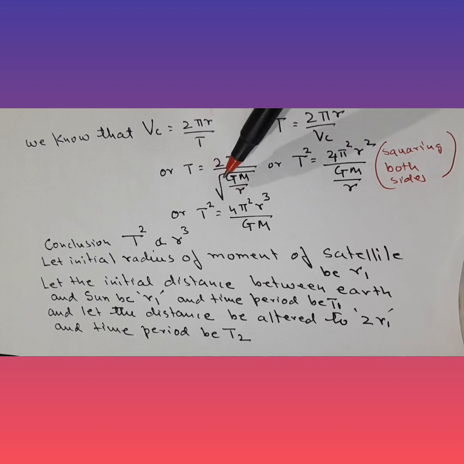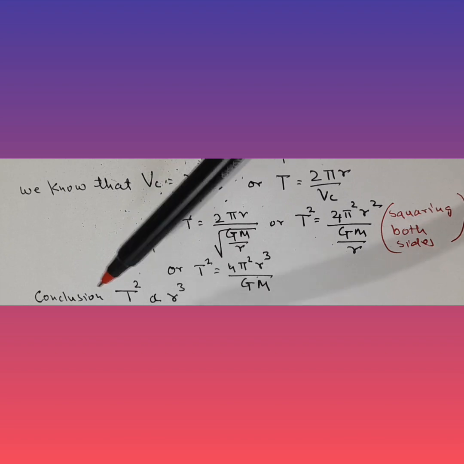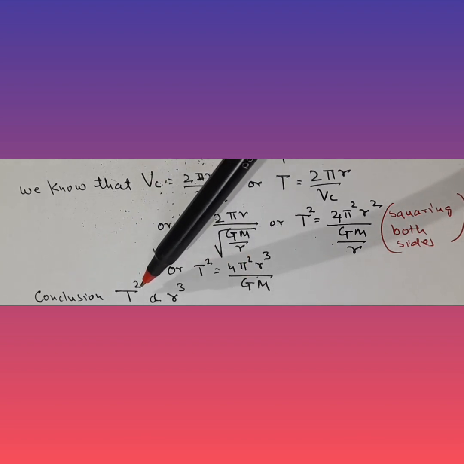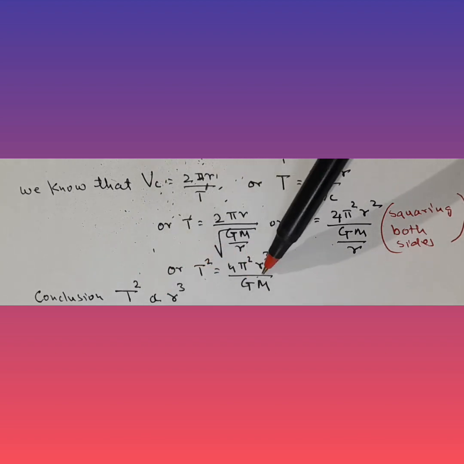Squaring both the sides, we end up with t square is equal to 4 pi square r cube upon GM. The conclusion we got out of all this is t square is directly proportional to r cube.